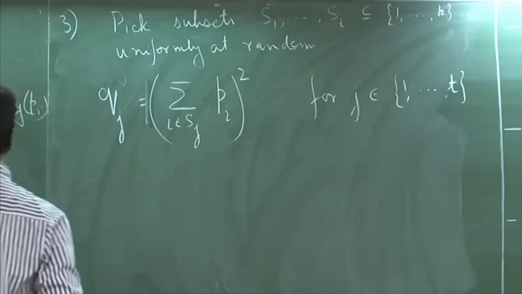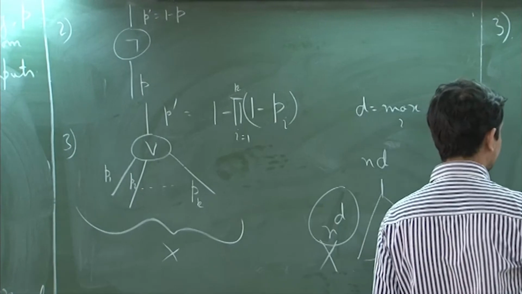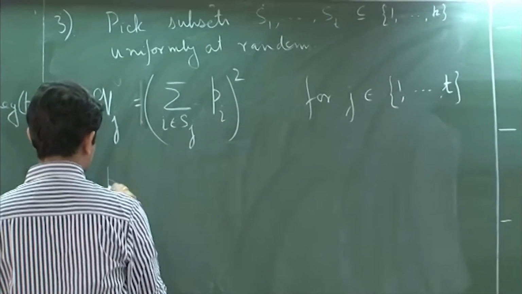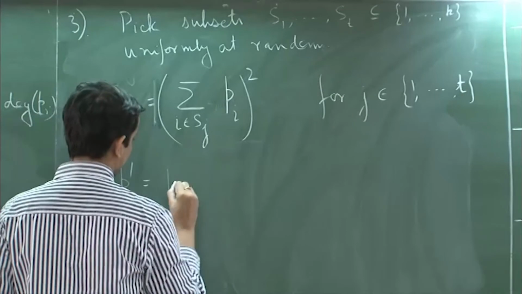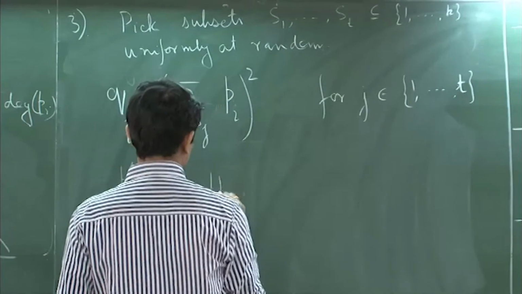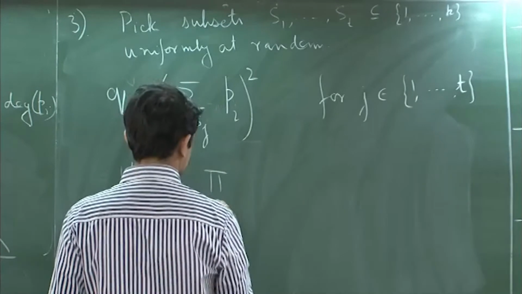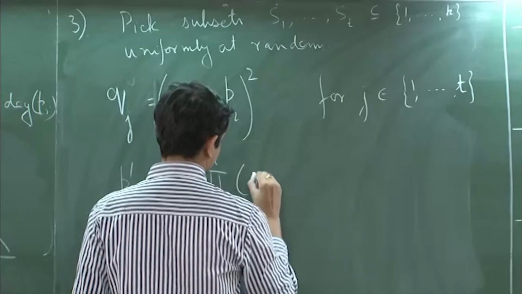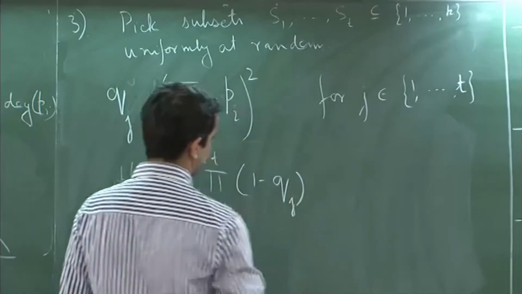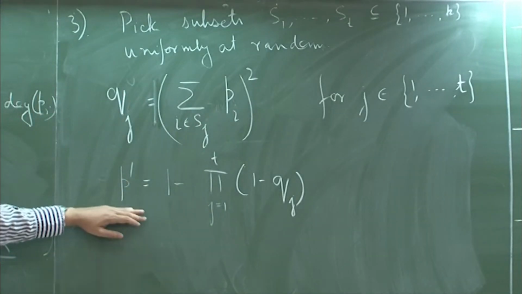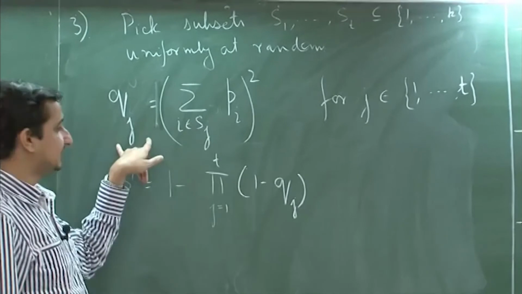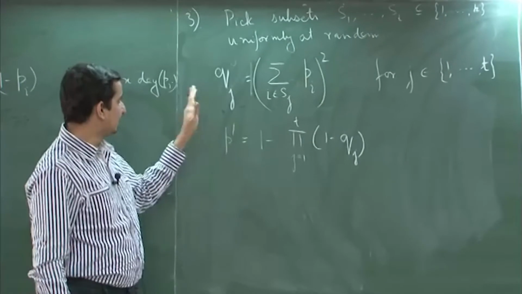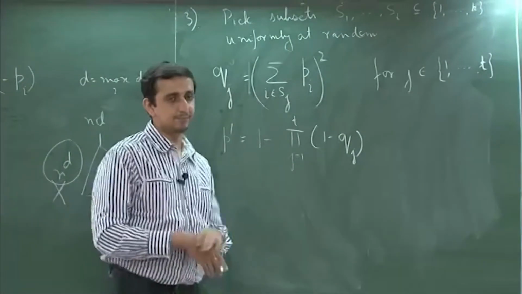And now I will just apply this OR function. So, now I will define this P prime to be equal to 1 minus the product over j, j going from 1 through t, of 1 minus Qj. So, clearly what we see here is that P prime is basically an OR of these Qj's. So, if any of these Qj's evaluate to 1, then P prime will evaluate to 1, and if all of the Qj's are equal to 0, then P prime will be 0.